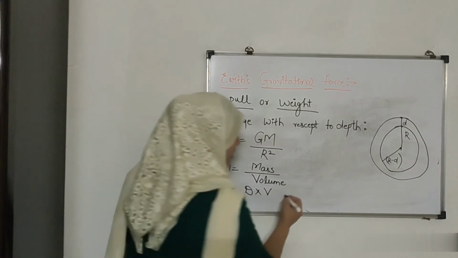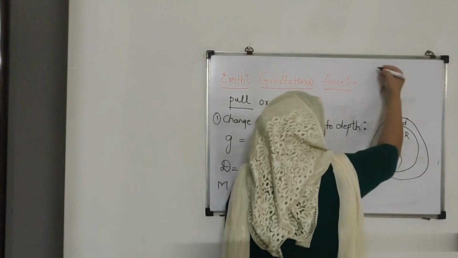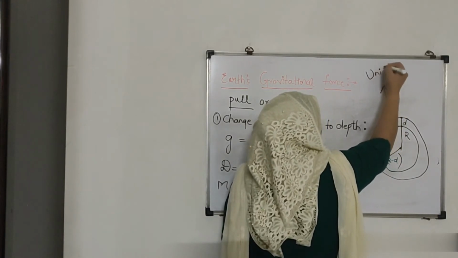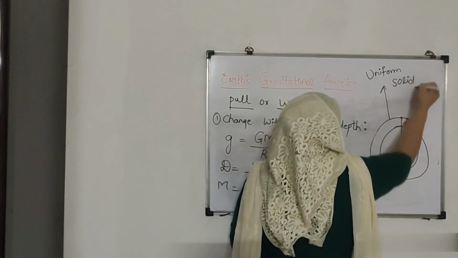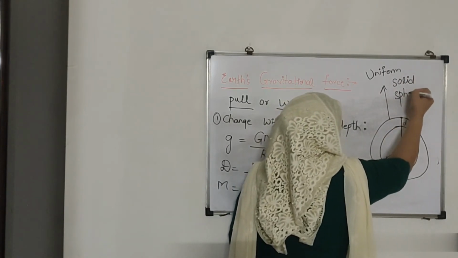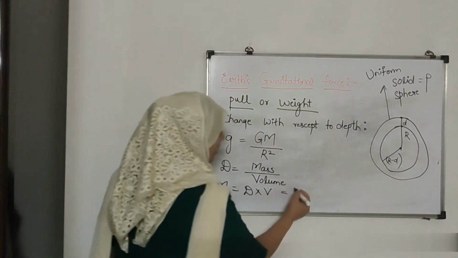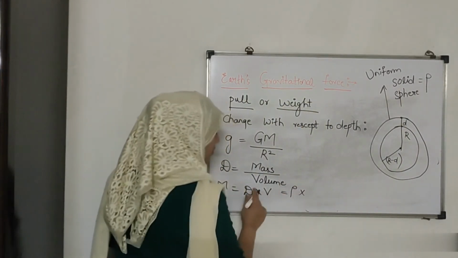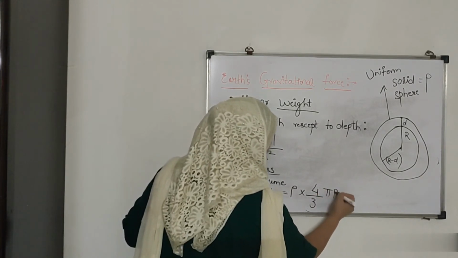For the earth, I'm considering a uniform solid sphere, which means I take the mean density to be rho. So my density is rho. What is my volume? 4 by 3 pi r cube.